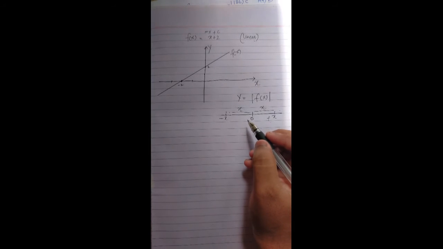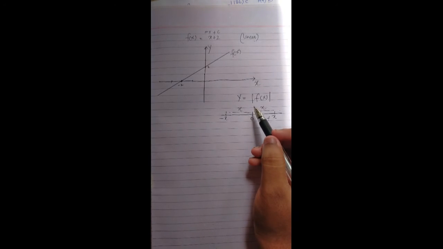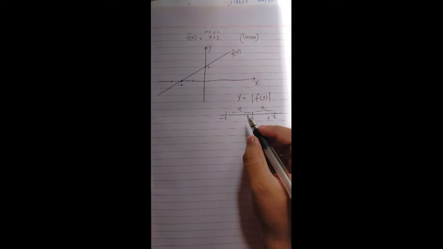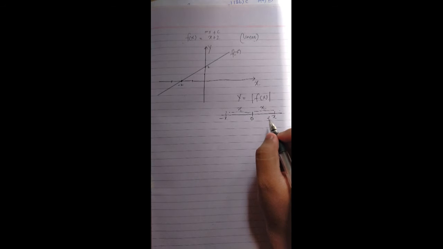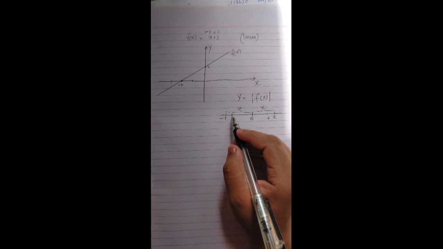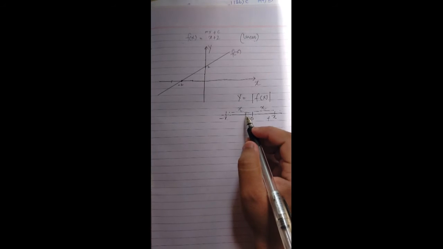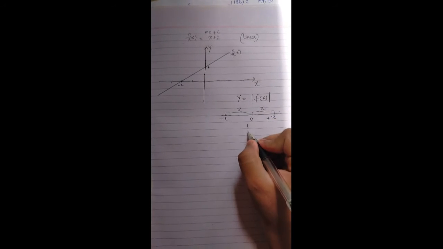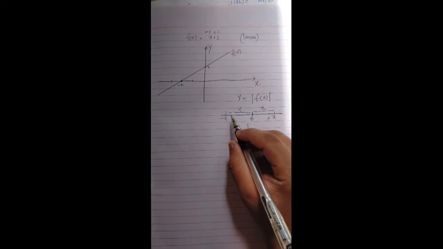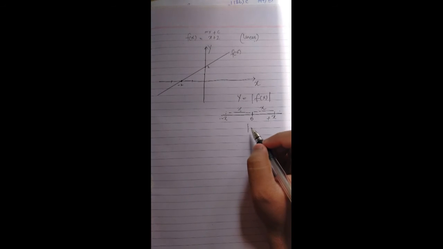The modulus tells you the distance of any number from the 0 point on the number line. Any number that is either positive or negative, the distance is always positive. So what it does is cancel out the negative sign and make anything positive.